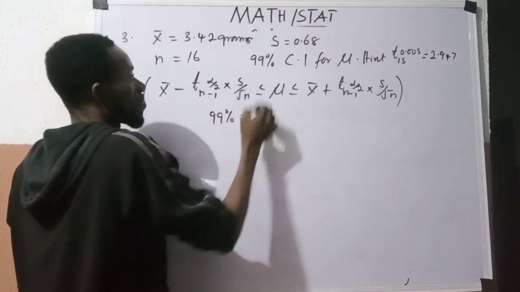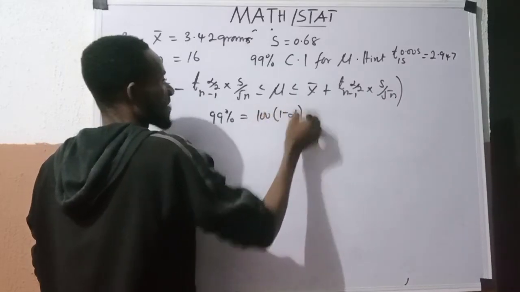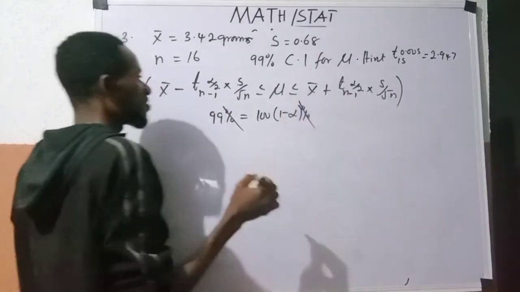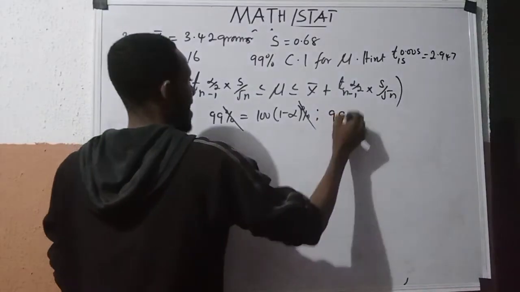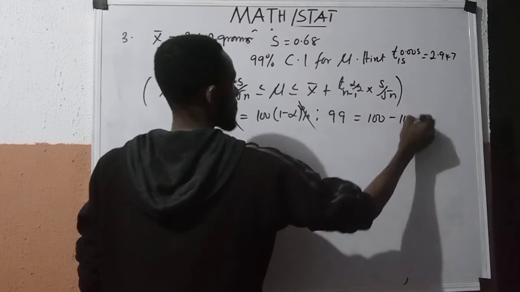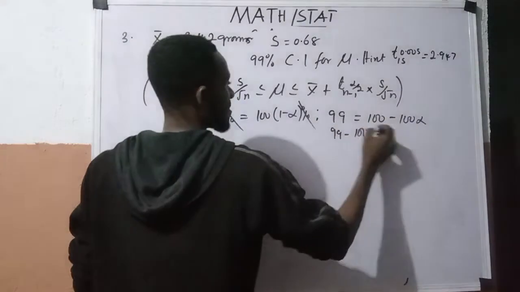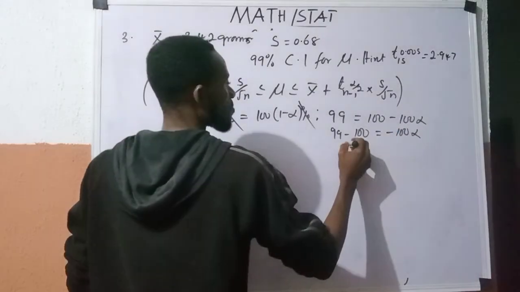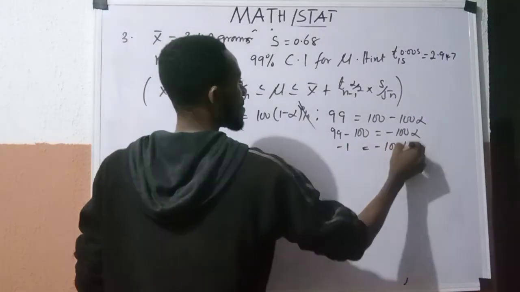99% equals 100 into 1 minus alpha percent. So if you cancel the percent with the percent, this will give you 99 equals 100 minus 100 alpha. This will give you 99 minus 100 equals minus 100 alpha, so minus 1 equals minus 100 alpha.